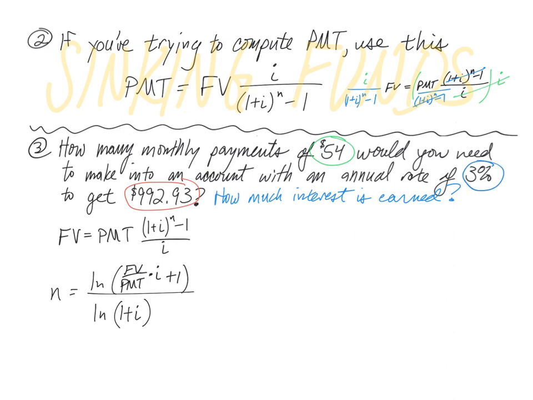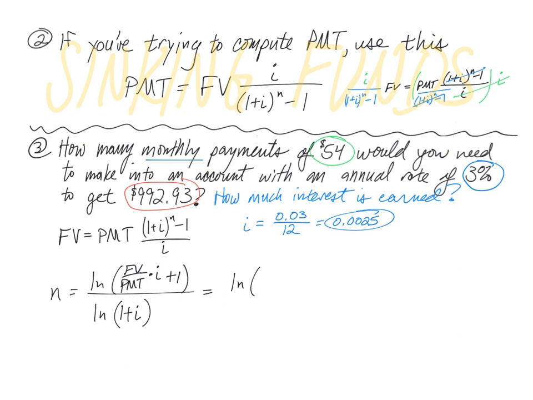The annual rate is 3%, which means i would be 0.03 divided by the number of compoundings per year, which, since we're doing things monthly, would be 12. And when you divide this out, you get 0.0025. So we know i is 0.0025. Fantastic.